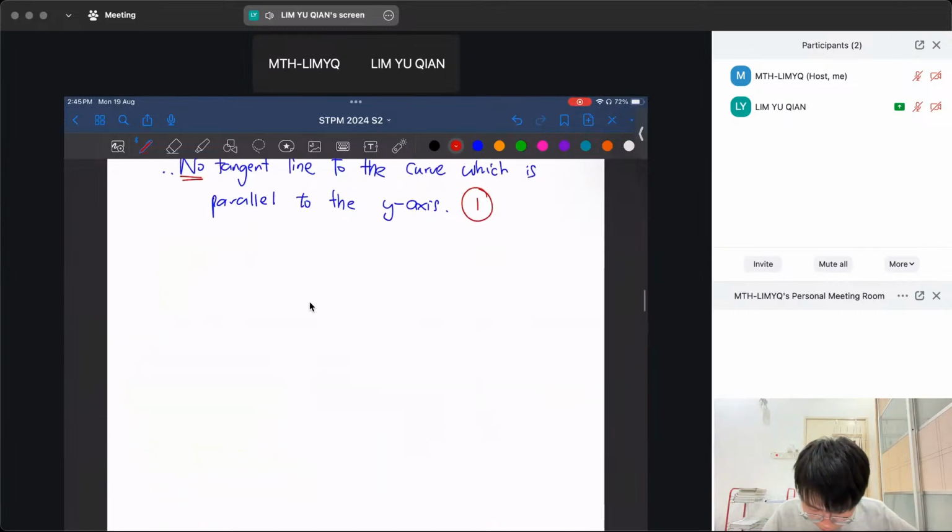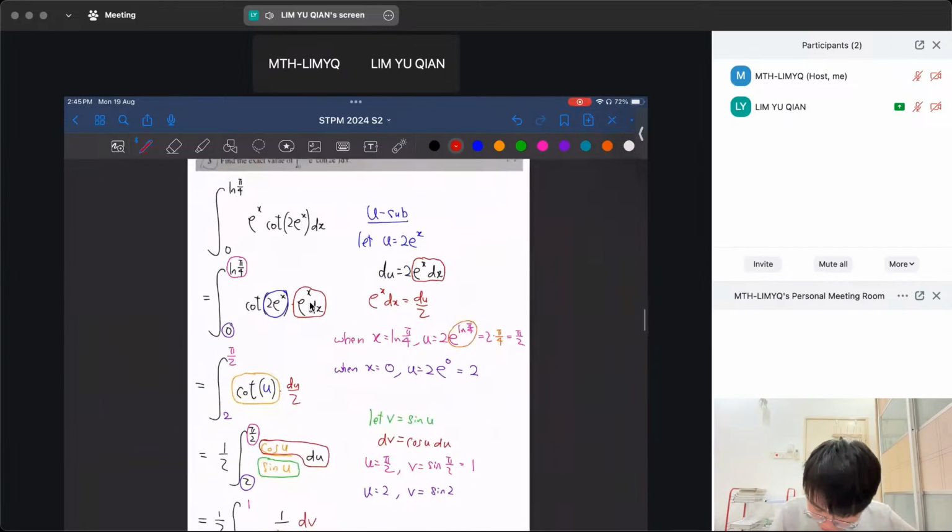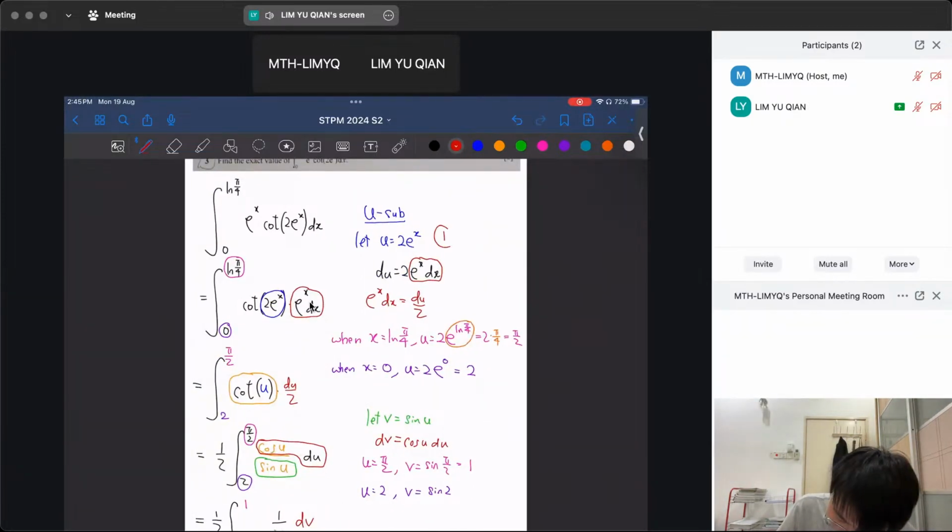Okay. Let's continue. Mark allocation. So U sub, we have a value including du something. This whole thing. If you can recognize that, and if you are able to change that, here we have 1 mark.